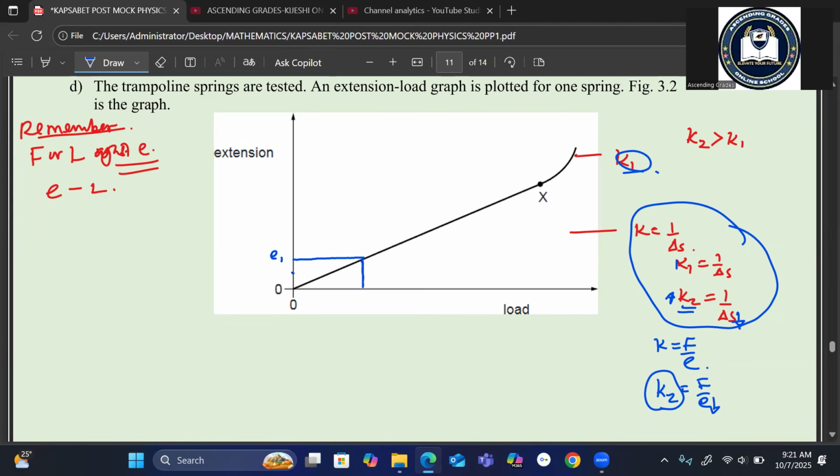So allow me to pick this one. Like that. So I'll say this is my E2. And at this point, I draw my graph. So it will be like this.